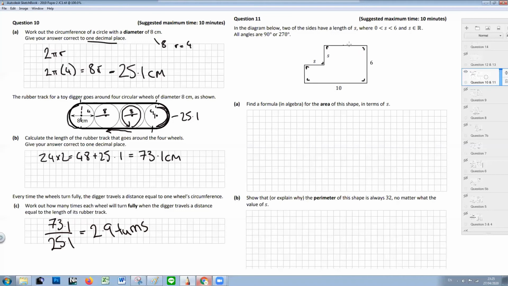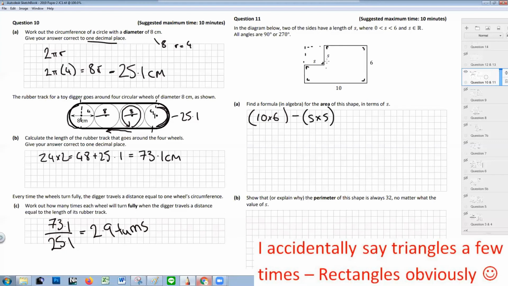Find a formula in algebra for the area of this shape. So if this was a full rectangle, it would be 10 multiplied by 6. And that would imagine that this space was here. So we need to take it away from s multiplied by 6. Because we're taking a full triangle and taking away the area from this. So it's going to be 16 minus s squared.